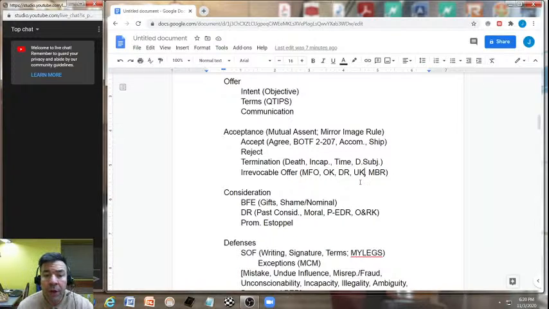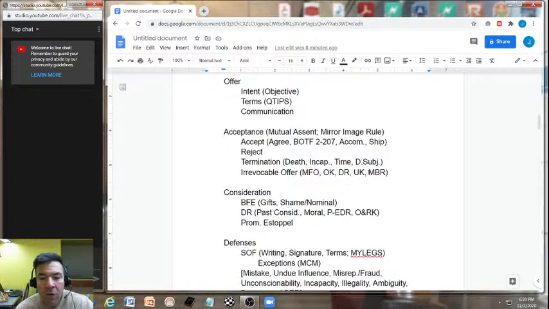It would hold open the offer, make the offer irrevocable for a period of time until such performance has been completed. Because remember, a unilateral contract, once that performance has begun, the offeror should give the offeree a reasonable time to complete performance, because performance by a unilateral contract is the acceptance.